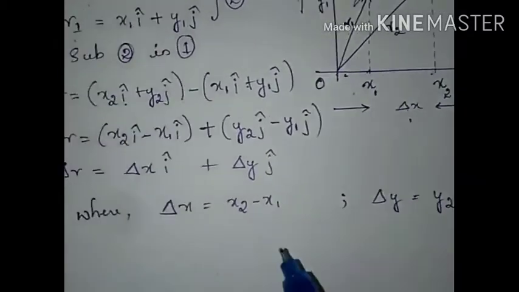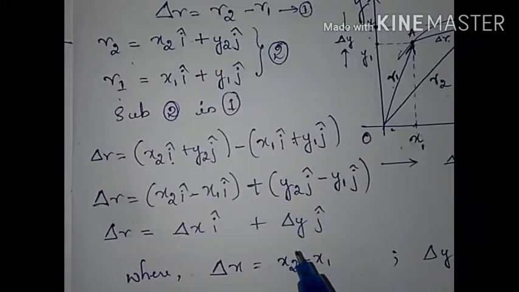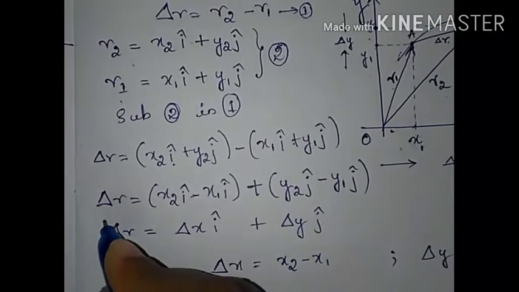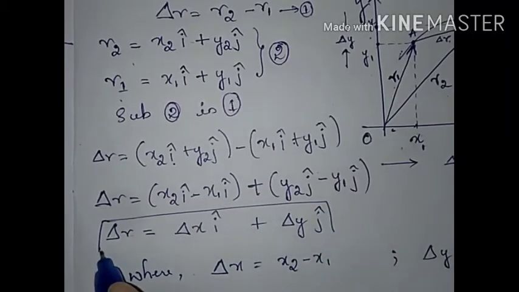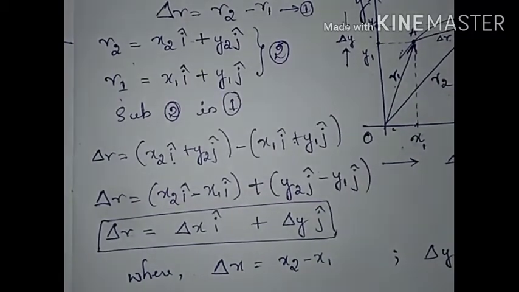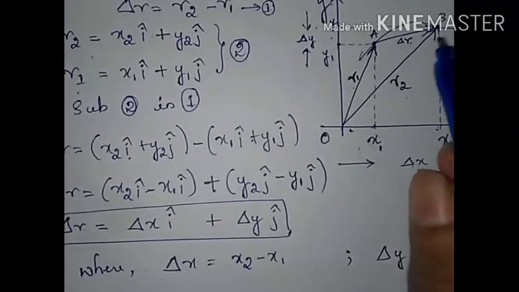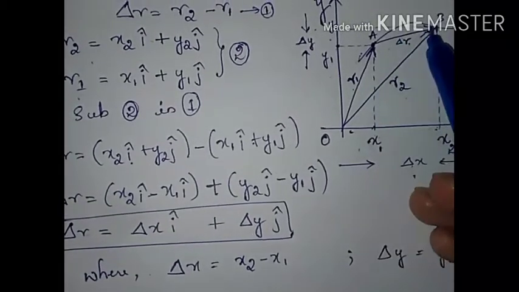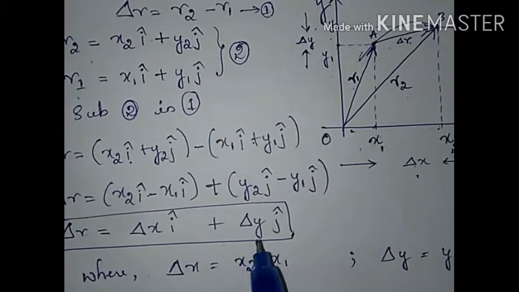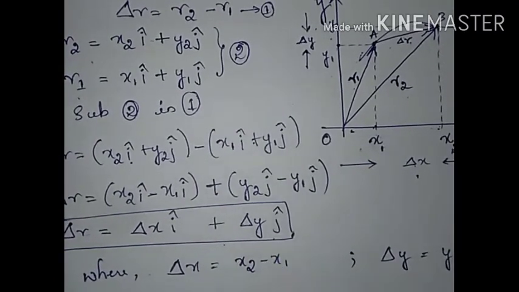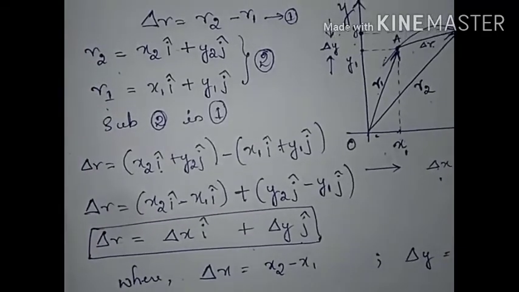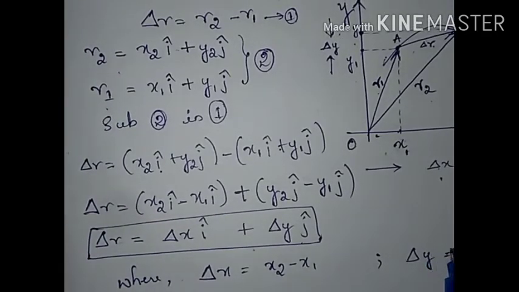So finally you found the displacement of the particle which is moving in a plane. So this gives the displacement. So delta r is delta x I cap plus delta y j cap. So this is the displacement of the particle.